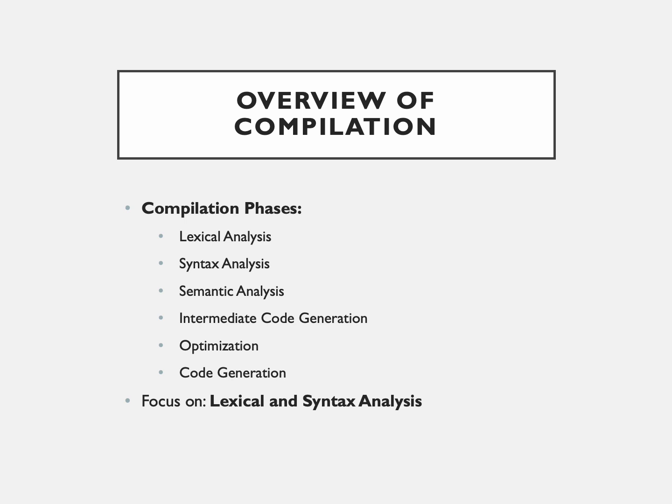Then finally, the optimized code is translated into machine language, which is ready for execution. So today we'll focus on the first two phases, lexical analysis and syntax analysis, as they form the foundation for all subsequent steps. These phases help ensure that the source code is valid and well structured before moving forward.